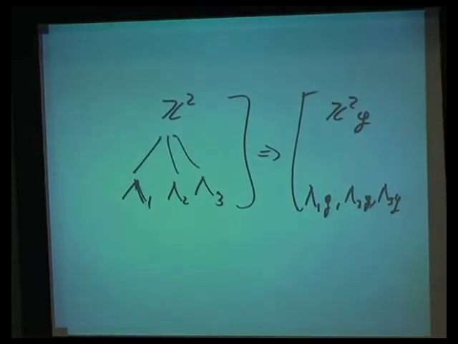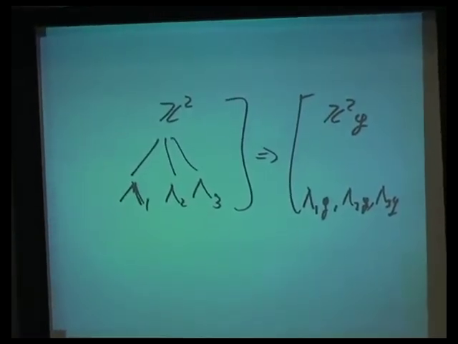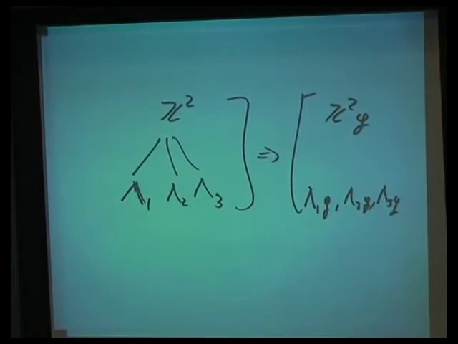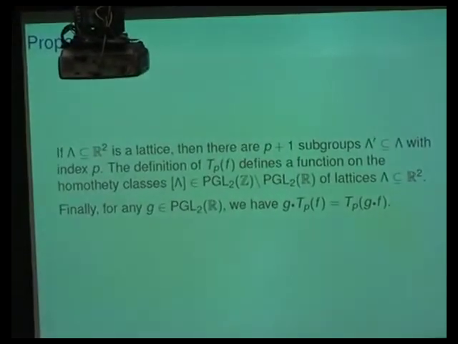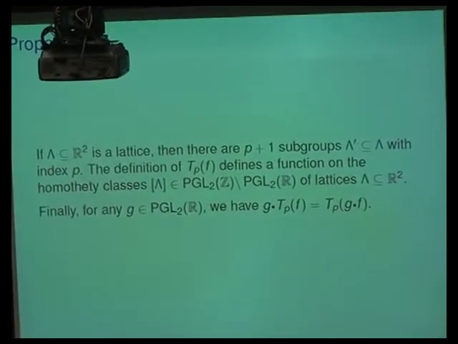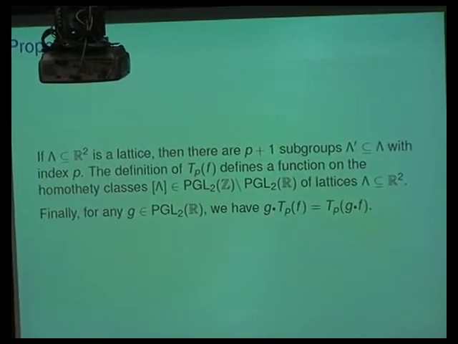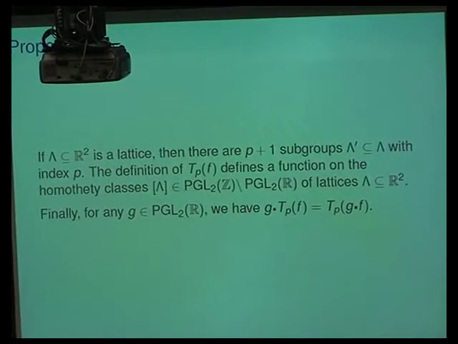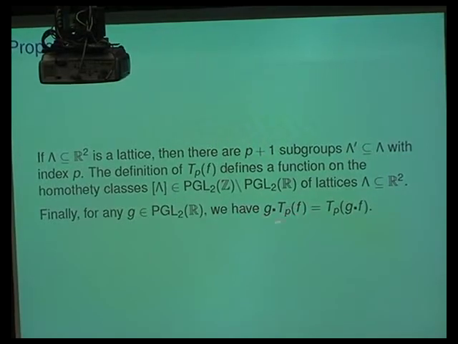And this helps you to prove that somehow you have a commutativity. If you take an element G in PGL2R, it acts on functions, right? By just composing the action of G with evaluation of the function. And you have this operator TP which acts on a function, so you can ask how the two behave with respect to one another.